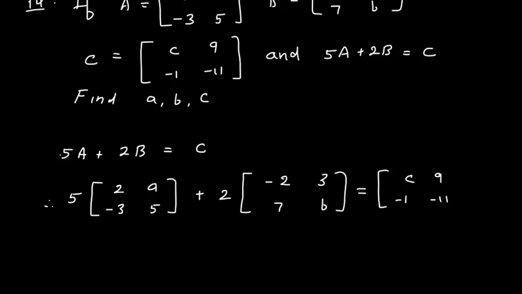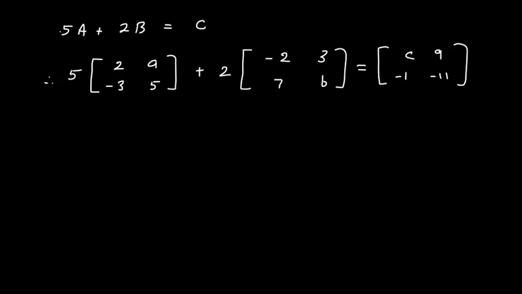Okay, so therefore I will say this is 5 into 2, 10, and then 2 into minus 2, it is minus 4. Then second term 5 into a is 5a plus 2 into 3 is 6. Then minus 5 into 3 is minus 15, and here 2 into 7, this is 14, and last term 5 into 5, 25, and then 2 into b is 2b.